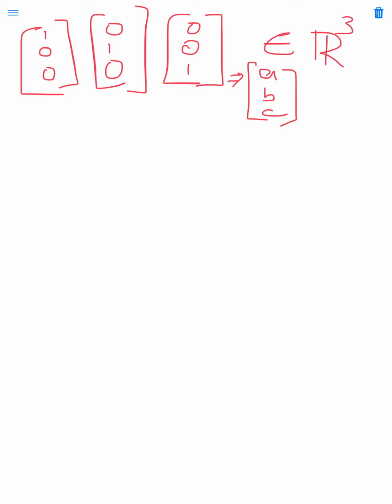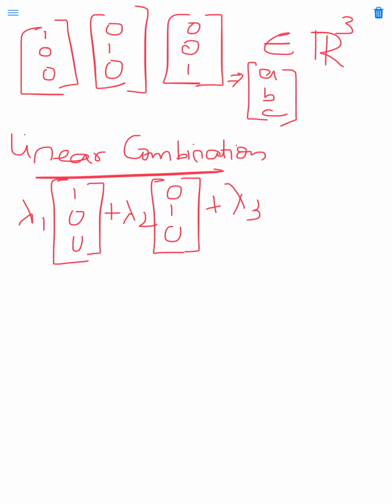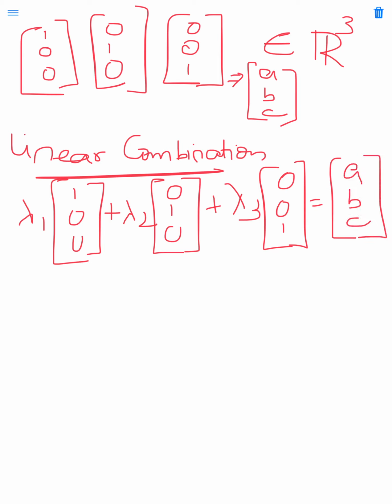So the linear combination can be written as lambda 1 into (1, 0, 0) plus lambda 2 into (0, 1, 0) plus lambda 3 into (0, 0, 1), which is equal to (a, b, c), and these a, b, c are just constant values. From this you will be forming a matrix, isn't it?